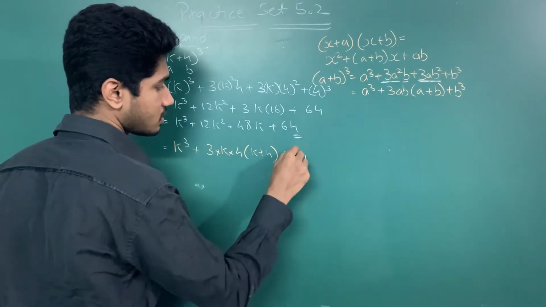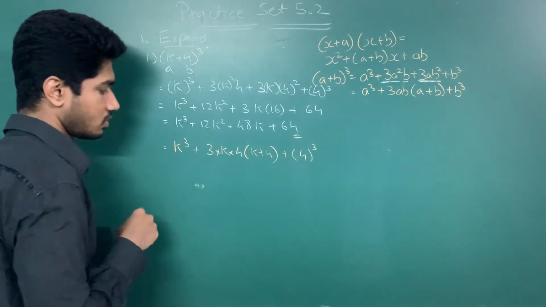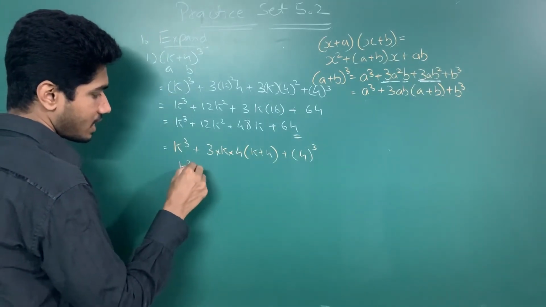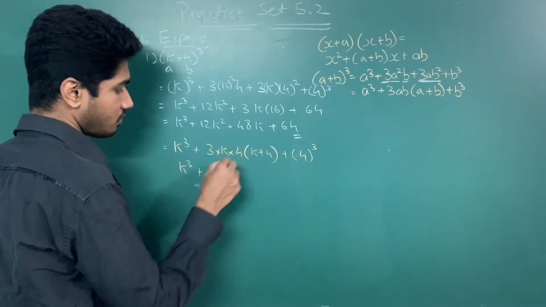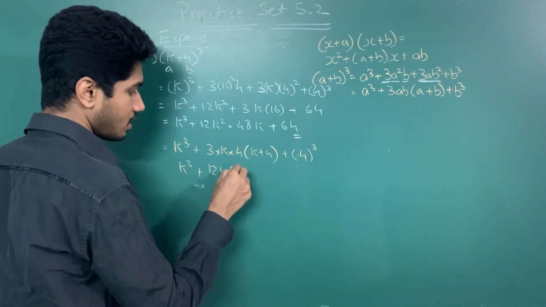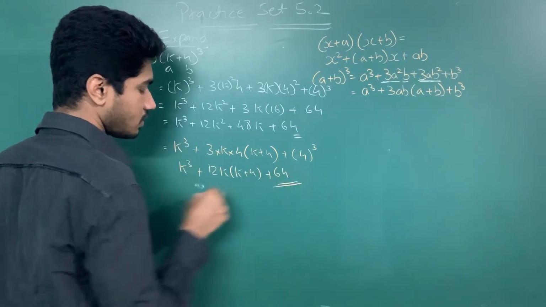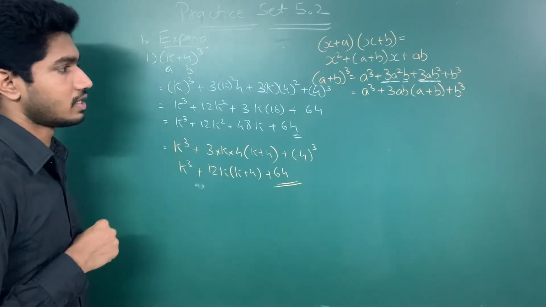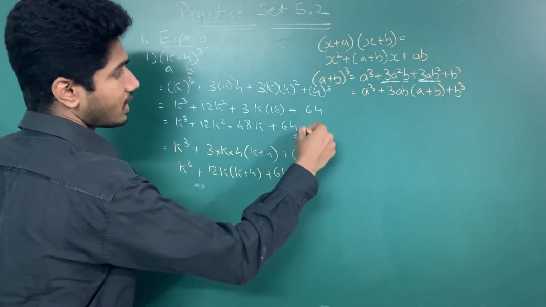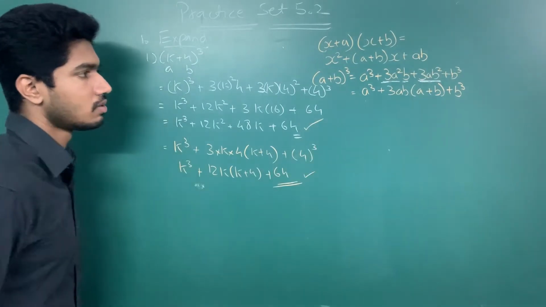I'll write it as the whole cube, 4 the whole cube. Now we get K cube plus 3 into 4 is 12K(K plus 4) plus 64. That is the answer you get. You can use any one of them. You can write this or this. Both are correct.